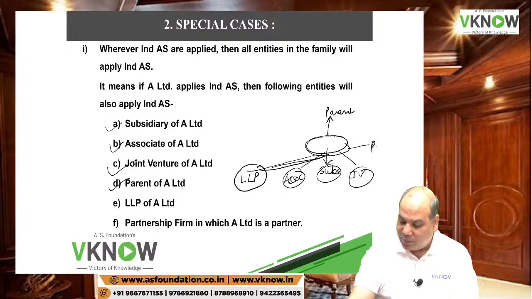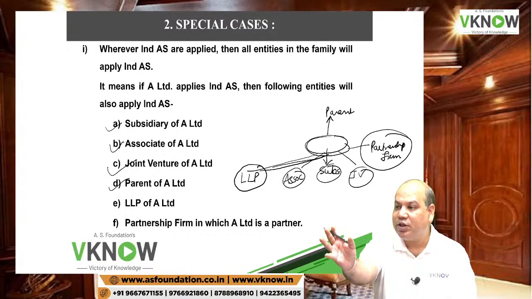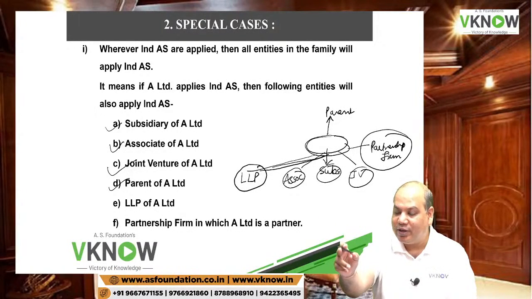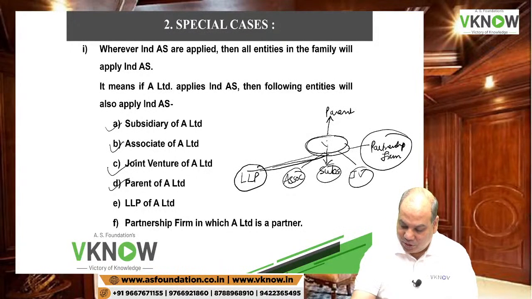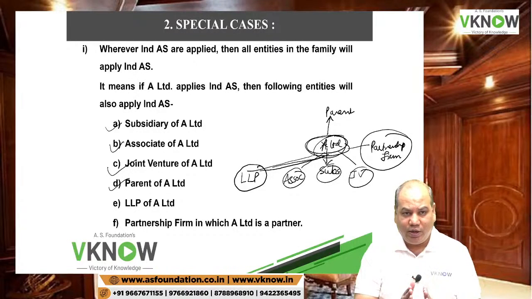If a company is a partner in a partnership firm, that partnership firm will also apply, because their financial statements are consolidated with the company, X Limited or A Limited in our example. So who all will apply Ind AS? The subsidiary, the parent, associate, JV, LLP and the partnership firm where A Limited is a partner.